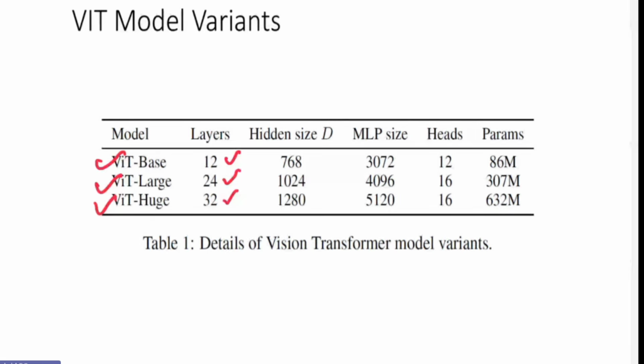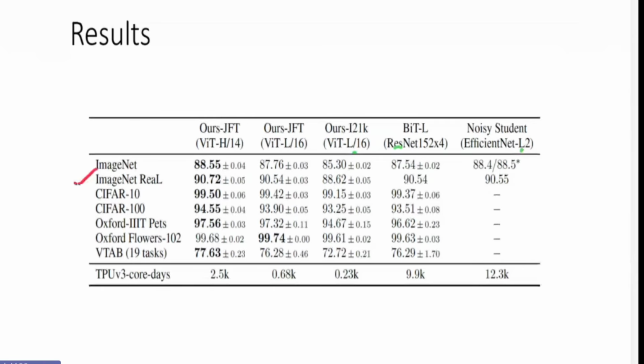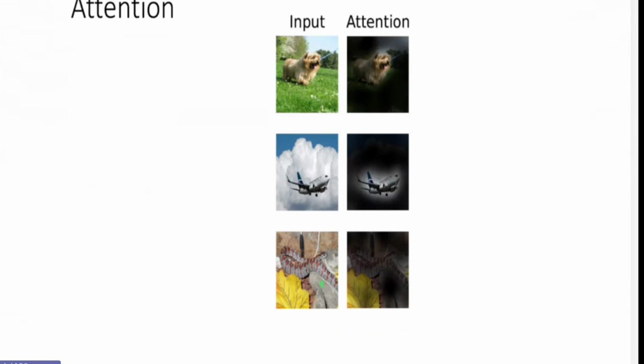These are the parameters: 86 million, 307 million, and 632 million. They applied this ViT on different datasets and got promising results. They also visualized the attention, to see what is happening inside the attention and what it is trying to learn.